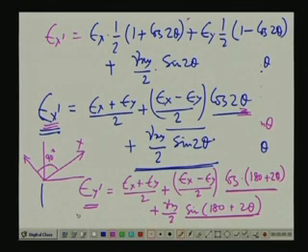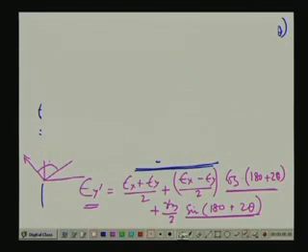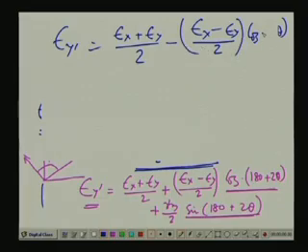So, the expression for epsilon y dashed is epsilon x plus epsilon y by 2 minus epsilon x minus epsilon y by 2 cos 2 theta minus gamma xy by 2 sin 2 theta.